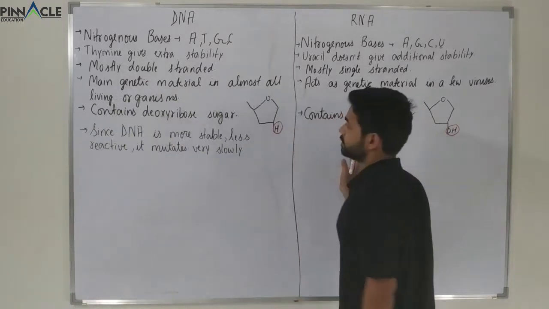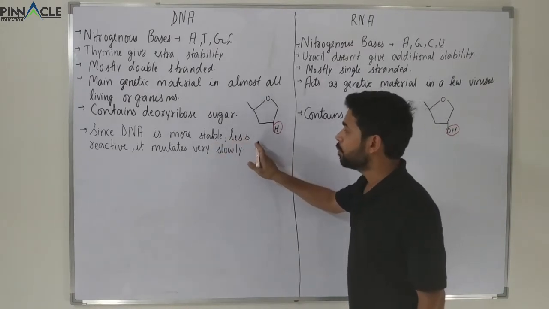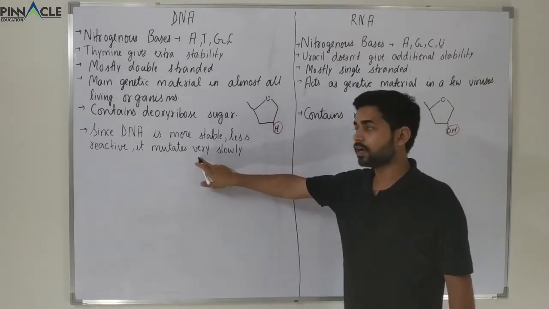And RNA is just the opposite. It is less stable, more reactive and it mutates at a faster rate.